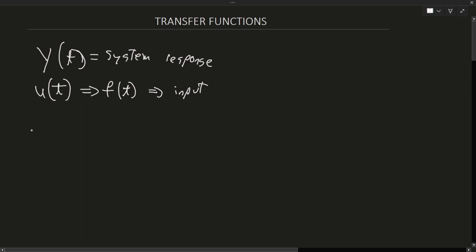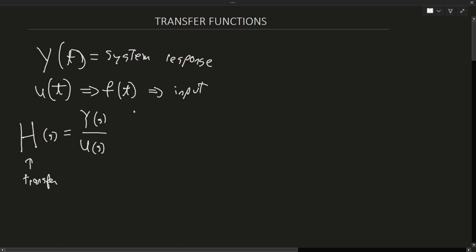Okay? So your transfer function is H(s), which is equal to Y(s) divided by U(s). That's your transfer function.